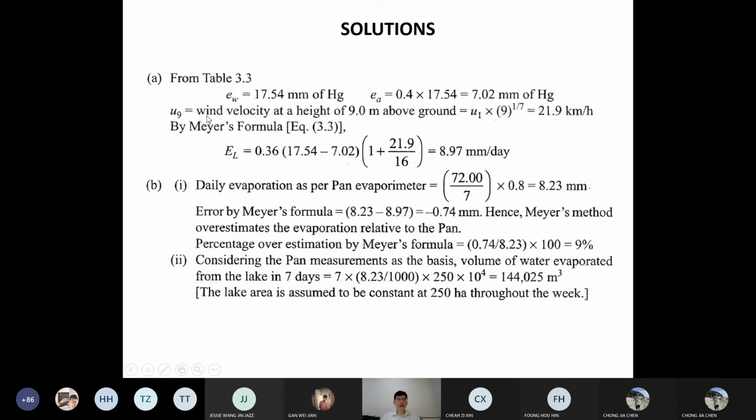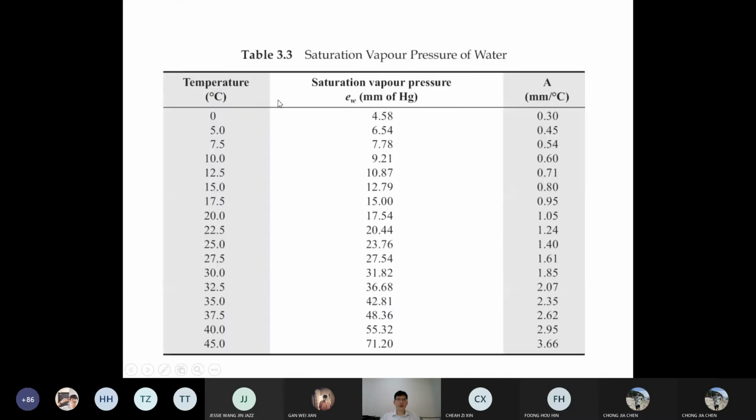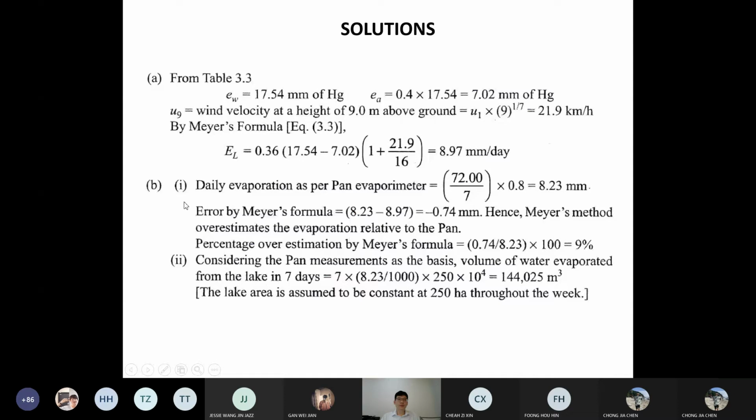U9 is the wind speed 9 meters above ground, 21.9. So you can see how we get 17.54: we go back to this table. The temperature of the water is 20, then your saturated vapor pressure is 17.54. Now you do the estimation. EL equals 0.36.